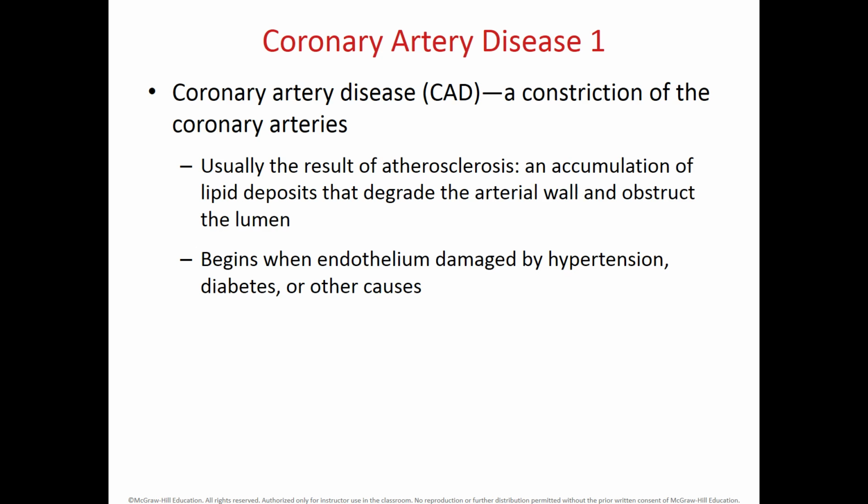Most of the time, coronary artery disease starts with damage to the endothelium because someone might have hypertension or diabetes. But as we age, at some point, we all will start developing atherosclerosis.